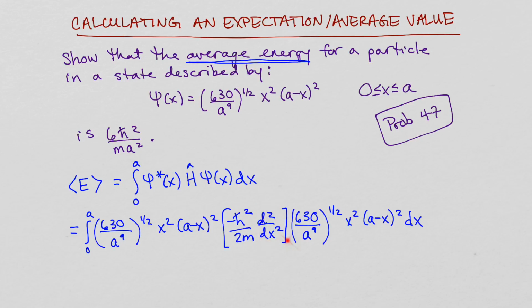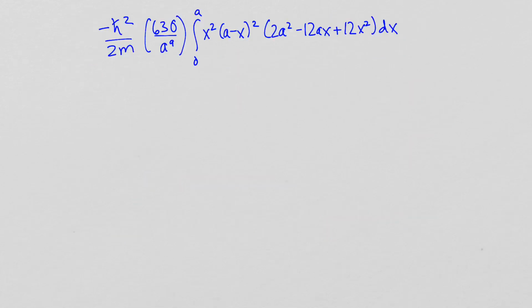Remember, this second derivative is going to act on this part of your wave function term where you have your x's. Take a minute to stop the video and do that part of the evaluation, and then we'll move on to the next slide to working beyond that point.